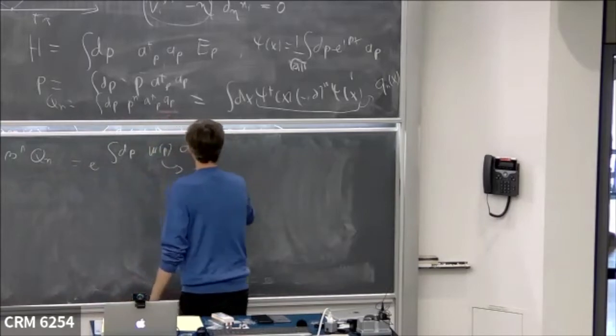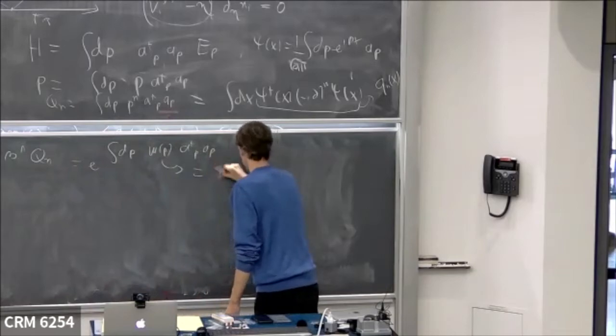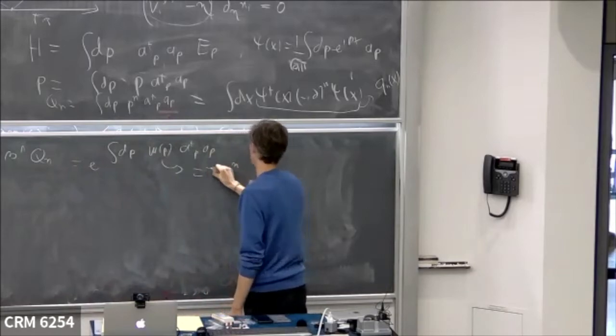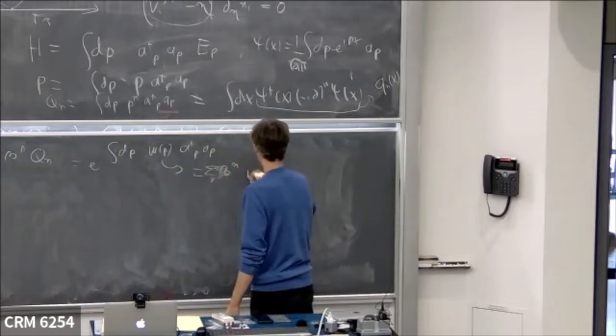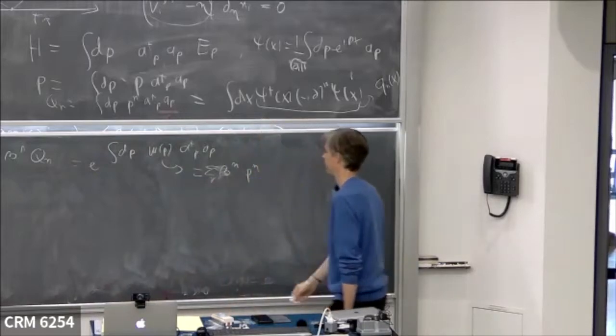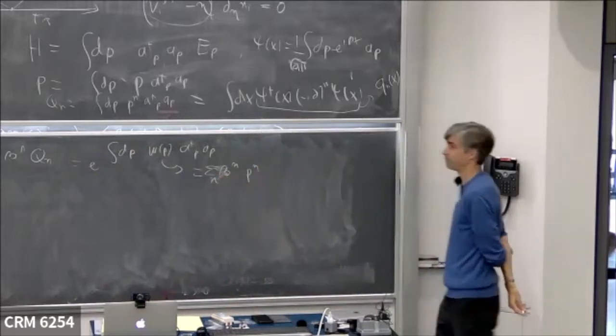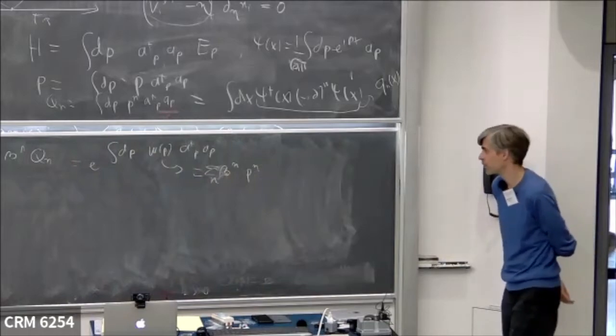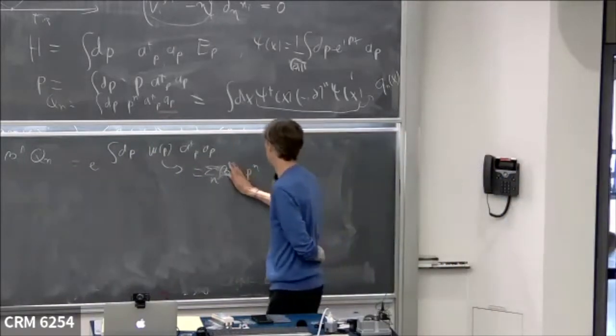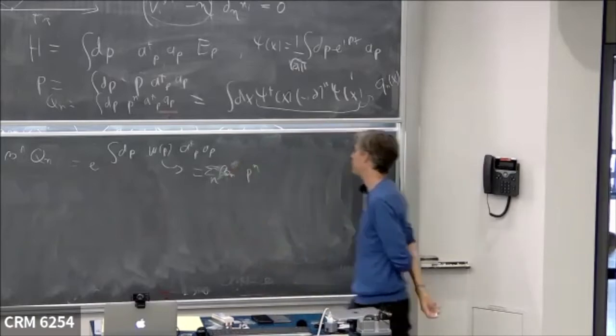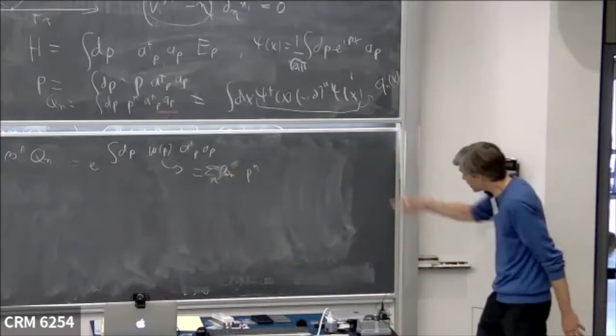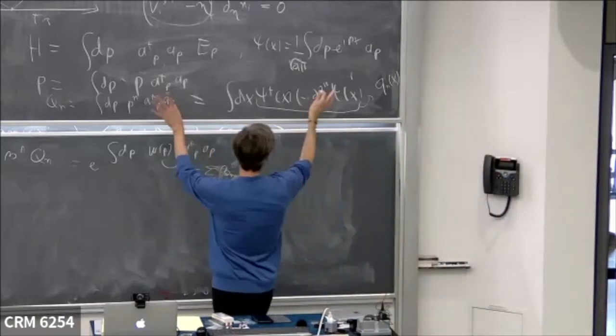And that function is just the sum over n of beta_n p to the n, something like that. Yes, it's just some function. Beta_n are just some coefficients. So this is a GGE, and then I can calculate conserved densities and all that.